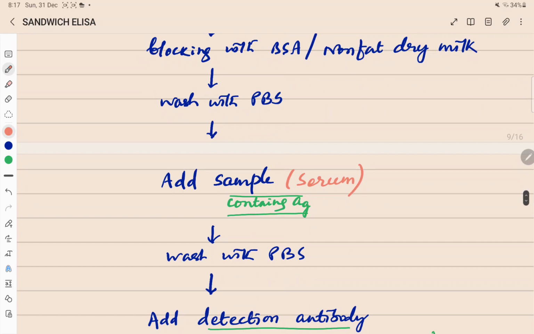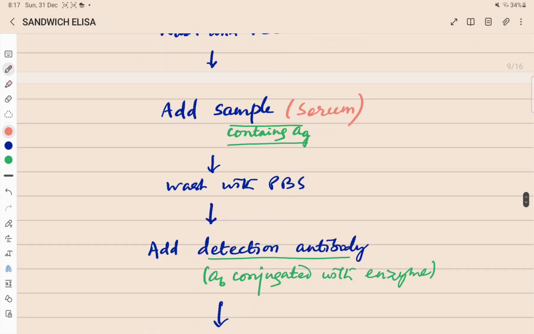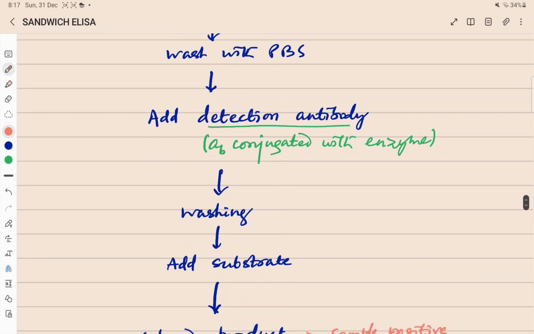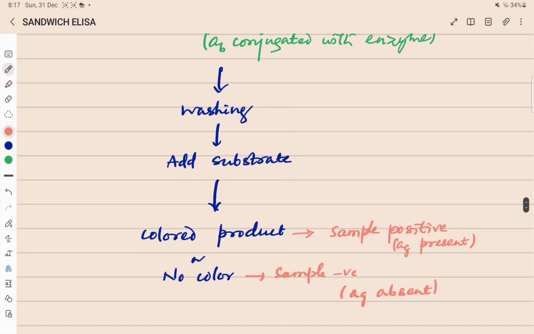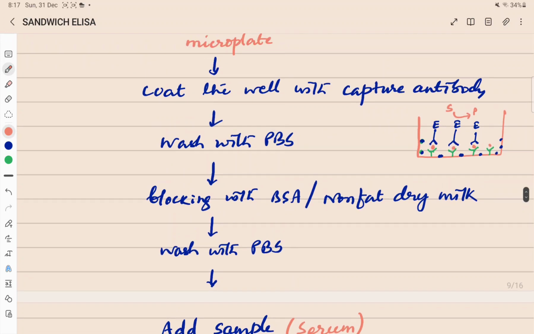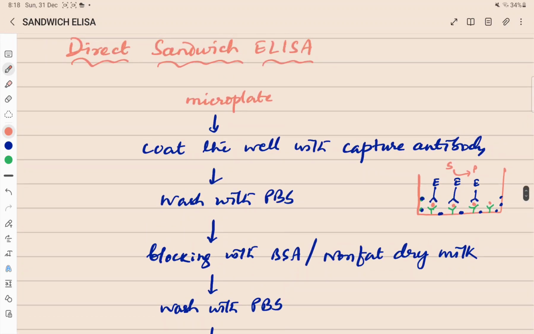So wash with PBS, then add the sample containing antigen, wash with PBS, add detection antibody conjugated with the enzyme, wash, add substrate, then we will have either a color product or no color. If the color is changing, that means antigen is present, the sample is positive. If there is no change in color, then the sample is negative, the antigen is absent. So this is direct sandwich ELISA.